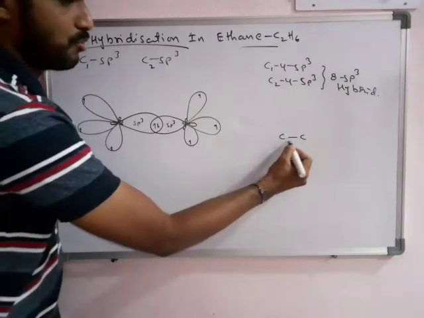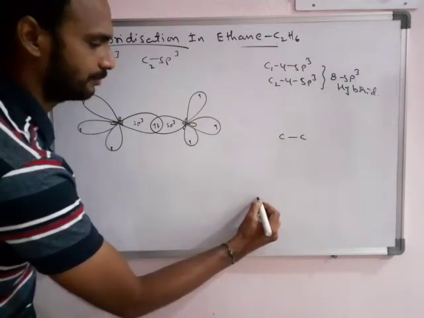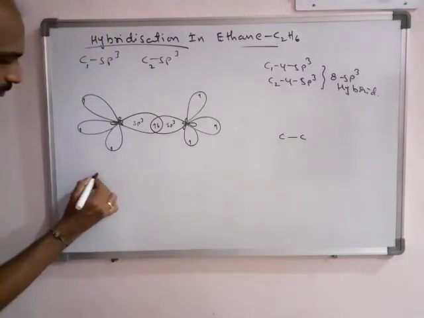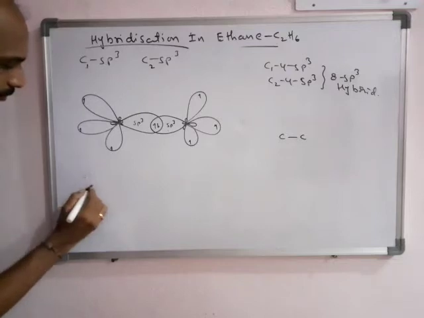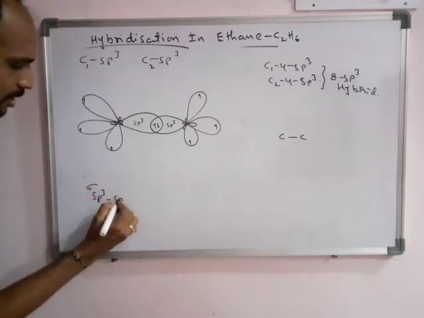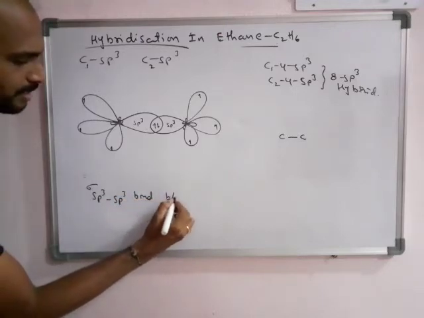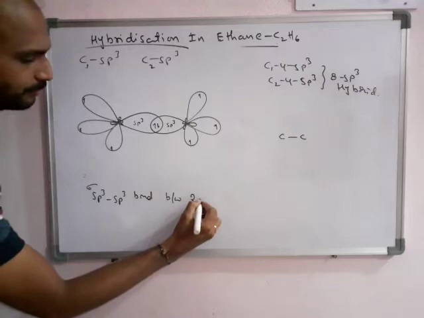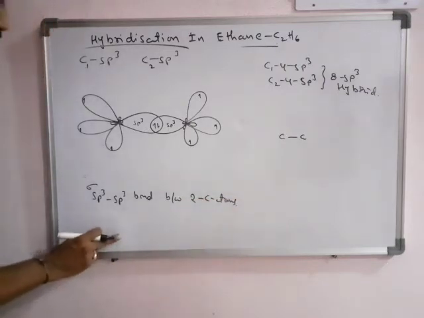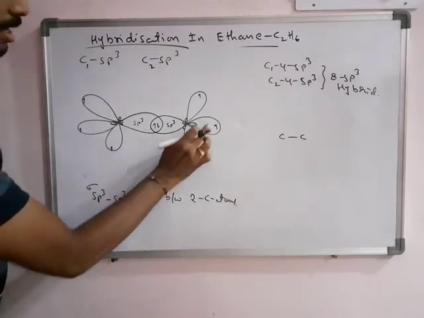So there is the formation of one sigma bond between two carbons, a sigma sp3-sp3 bond present between two carbon atoms.